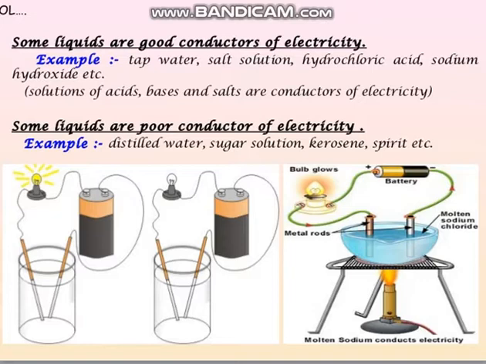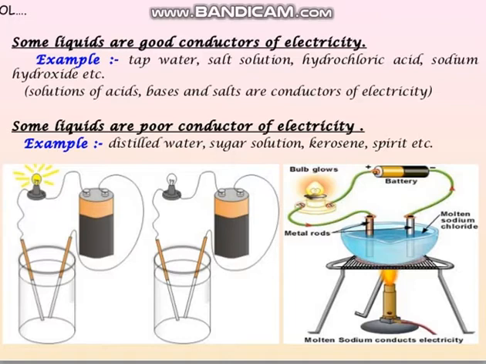Some other liquids do not show conductivity. So how can we check whether a liquid is a good conductor or not? As we did for solids, we can use the tester for liquids.